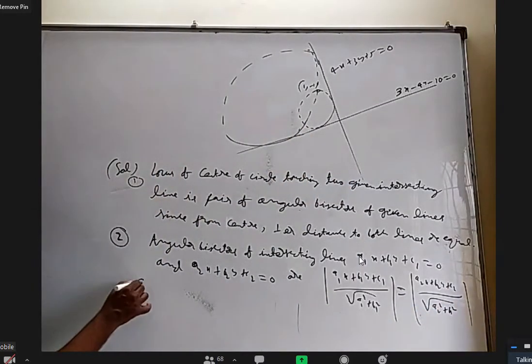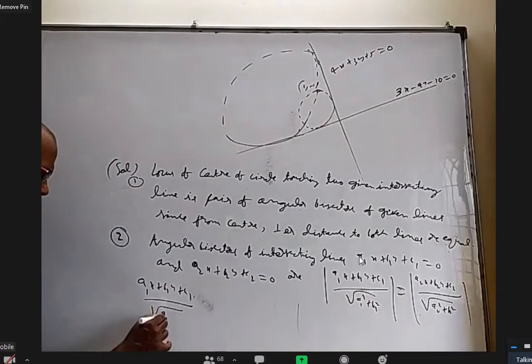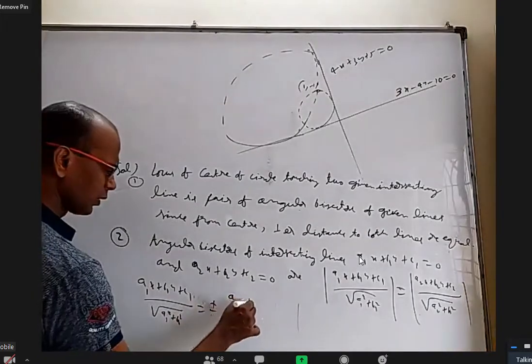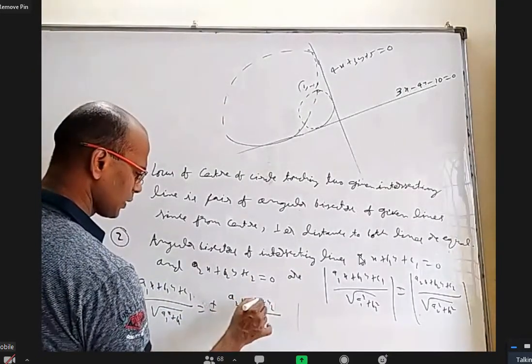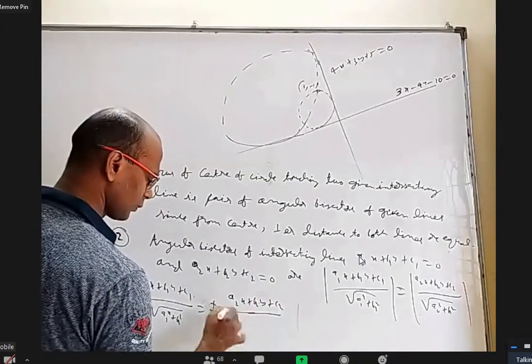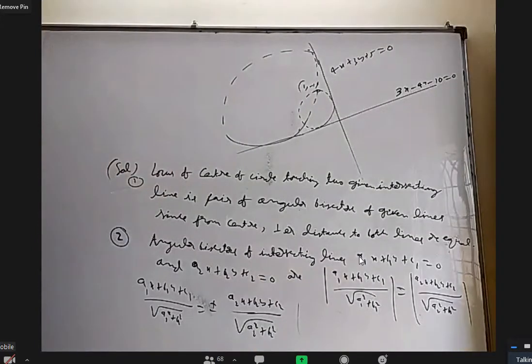When I remove the mod, we will get (a1x + b1y + c1)/√(a1² + b1²) = ±(a2x + b2y + c2)/√(a2² + b2²). Those who want to write the solution, first write these two points so that it will be clear. Then we will write something.